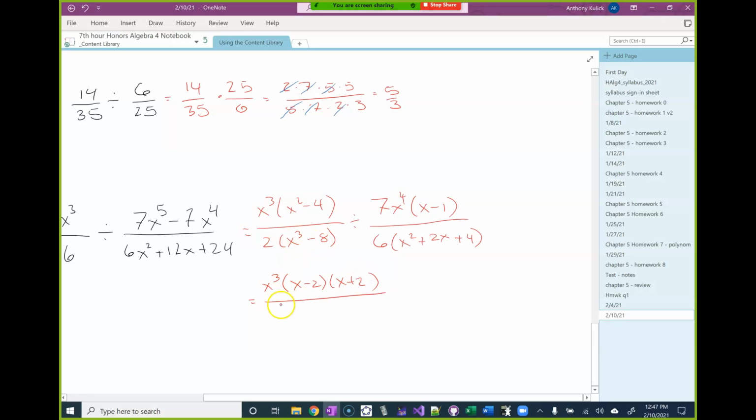And x cubed minus 8 is a difference of two cubes. x minus 1 is linear, so that doesn't factor anymore. And x squared plus 2x plus 4, there's not two integers that multiply to give me 4 and add to give me 2, so there's no more factoring that I can do on that piece.